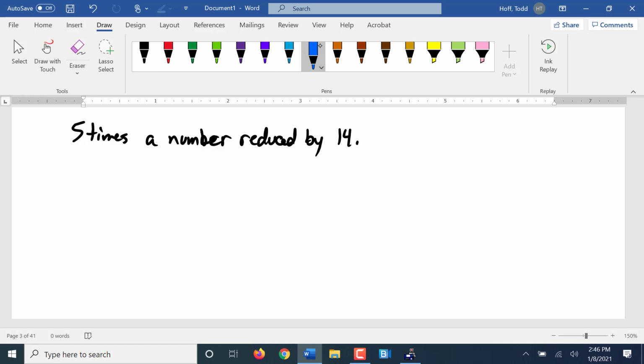What symbols would be used to describe that? What is that describing? Yeah, multiplication and subtraction. So if we use, let's just use X for a number, how would we write that out? Perfect. 5X minus 14.